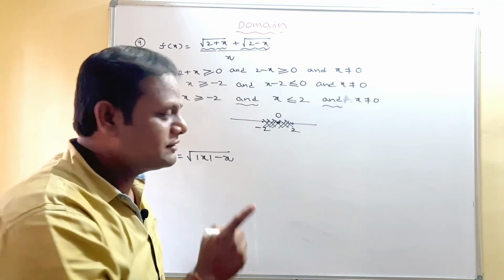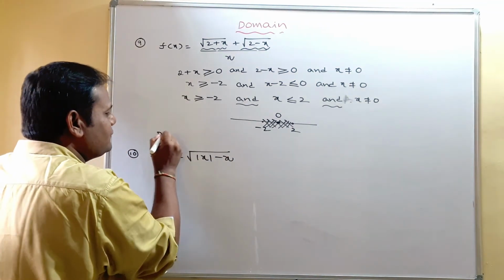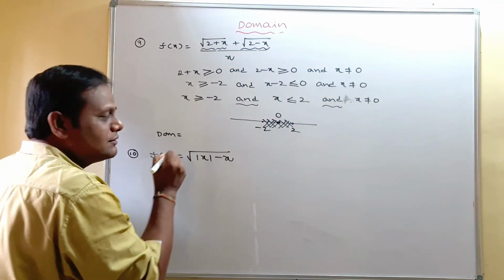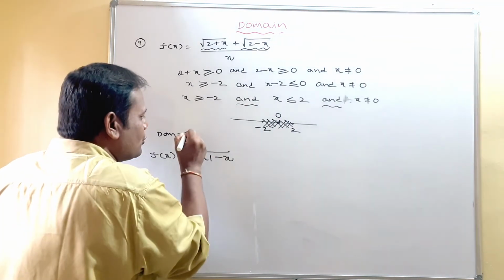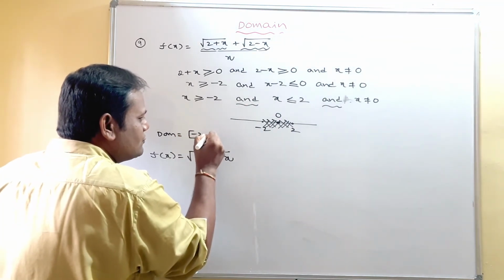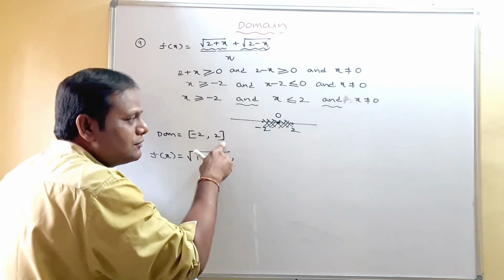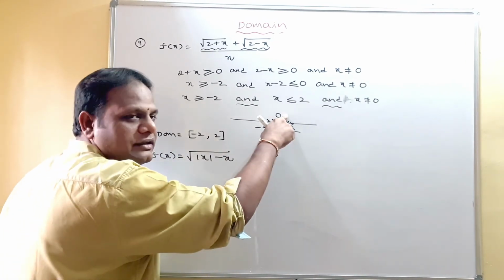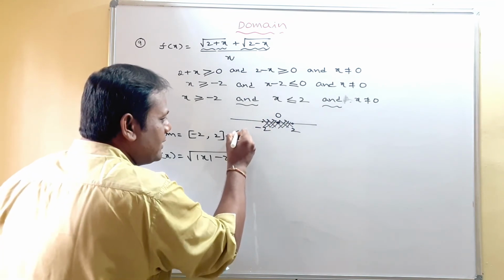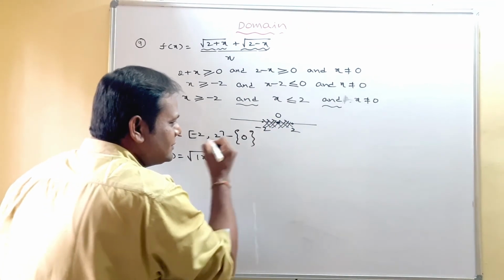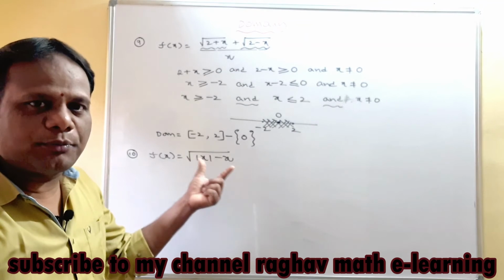Did you understand? So the domain of this function is the closed interval minus 2 to 2, but from this we have to remove that 0. So minus {0}. This is the answer to this problem.